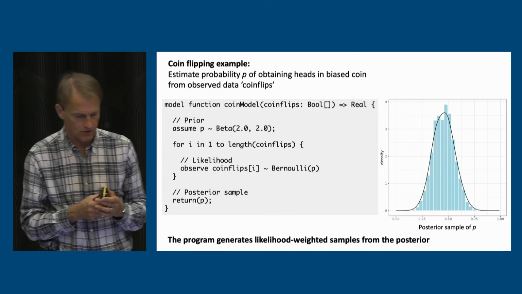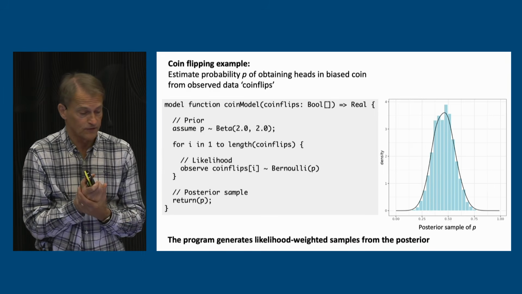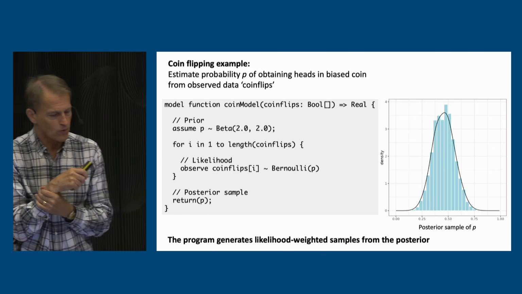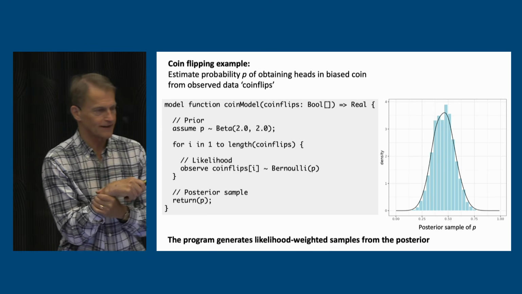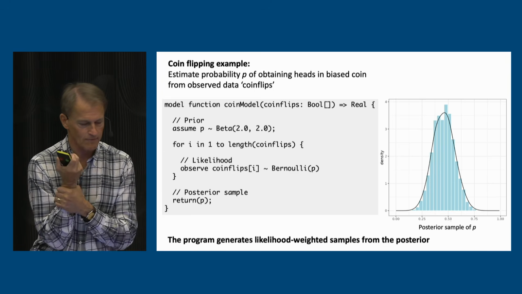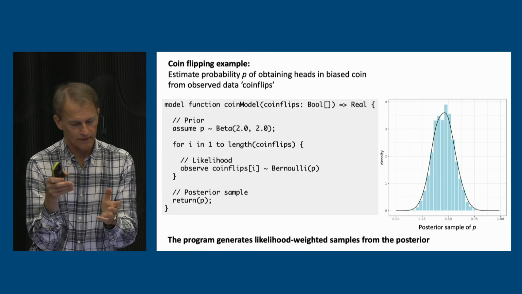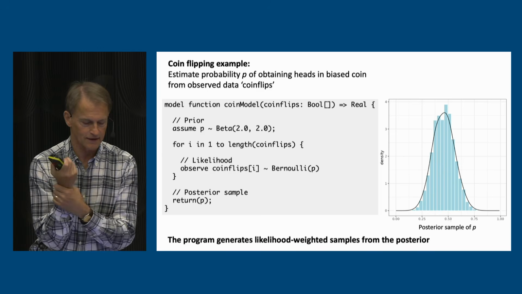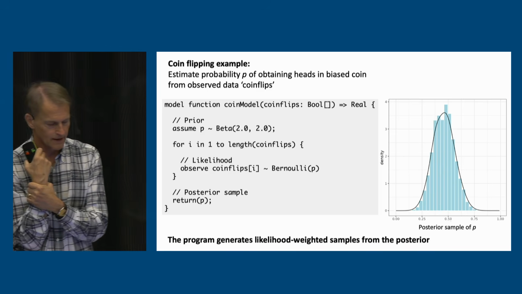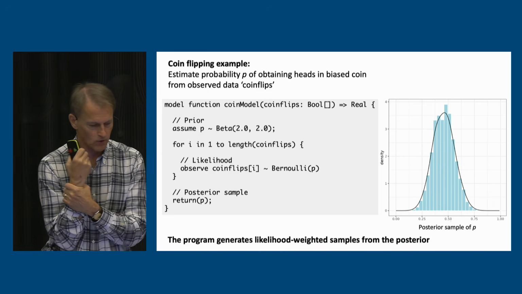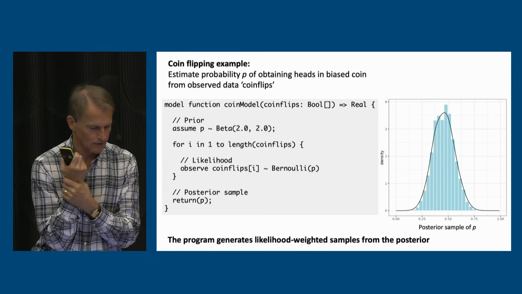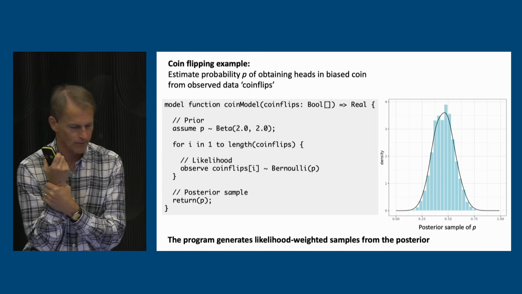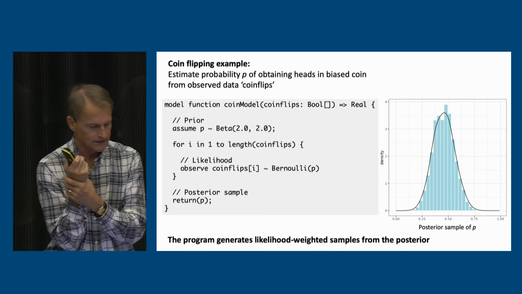This is a coin flipping example, just to give you a feeling of how this works in practice. So we have what we call a model function, which is a little bit like the main function in a C program. Typically for flexibility, we want to take the data as input. And in that program, we define a suitable prior for the parameter, in this case, the probability P of obtaining heads.